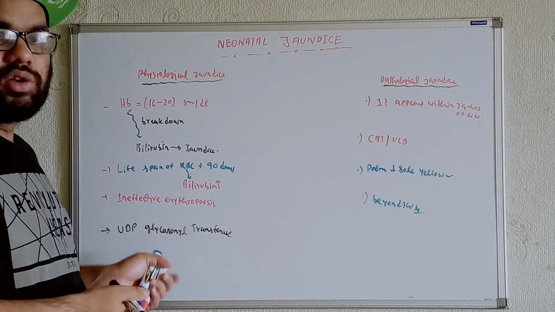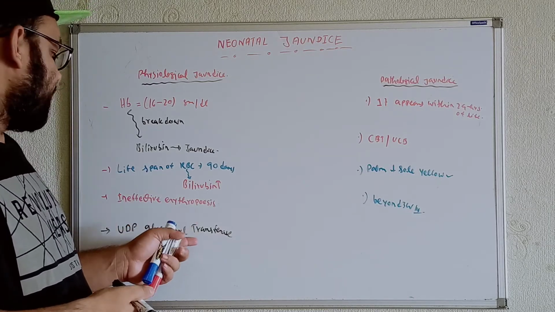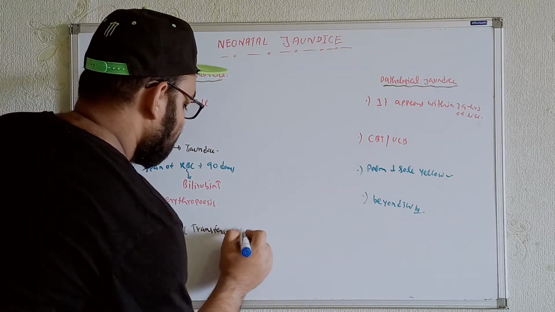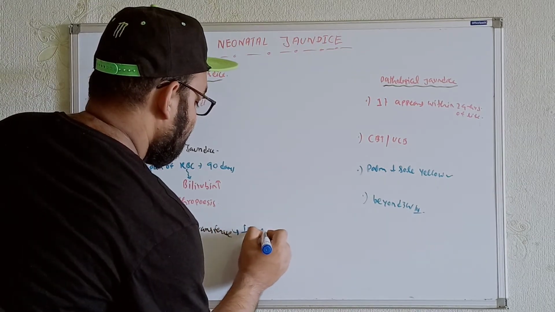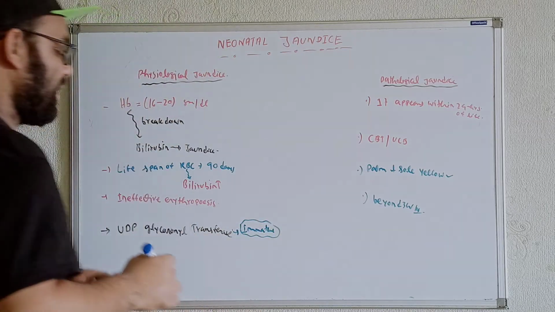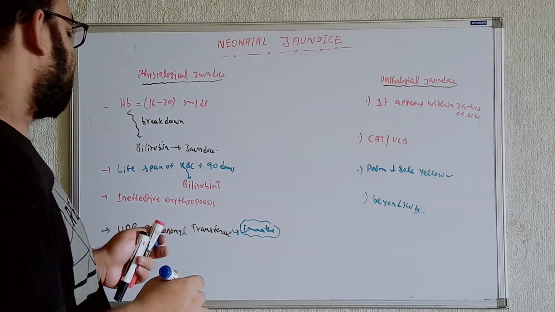So we will get the immature UDP glucuronyl transferase. Whenever it is immature, it will not be able to convert the unconjugated bilirubin to conjugated bilirubin. As a result, there is a chance for developing jaundice.